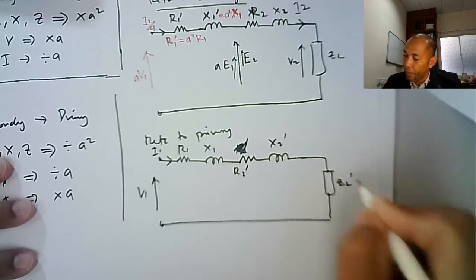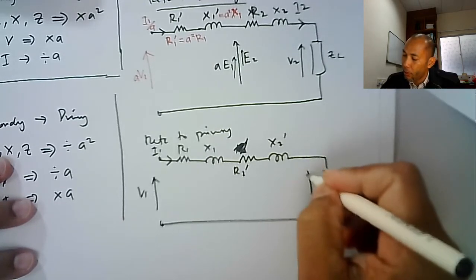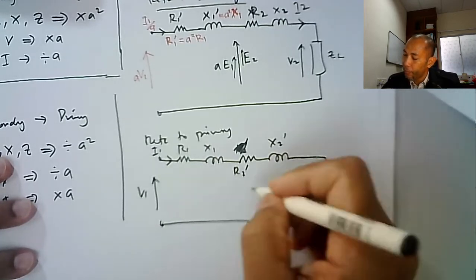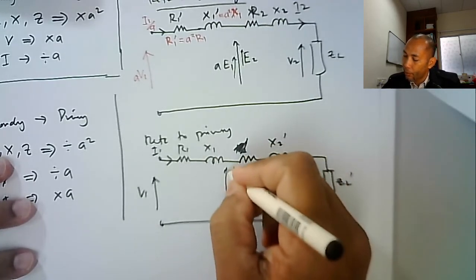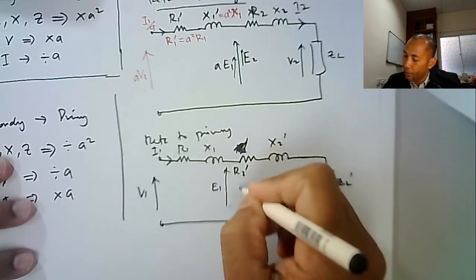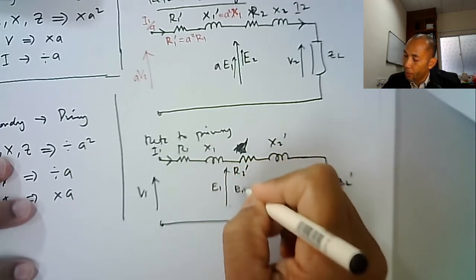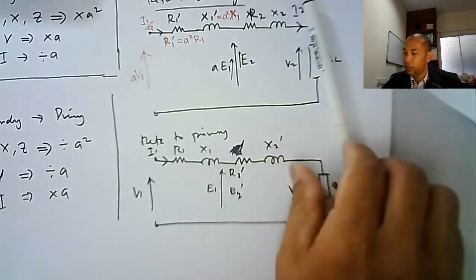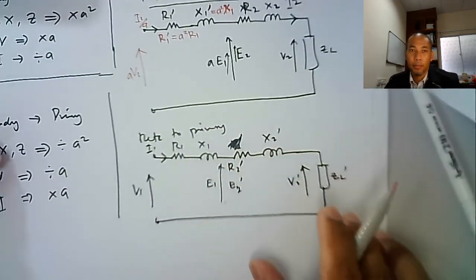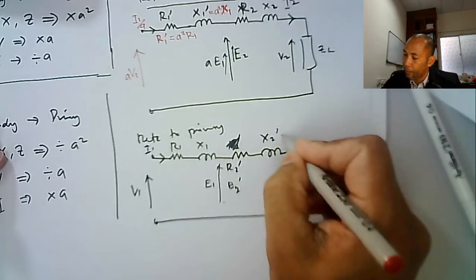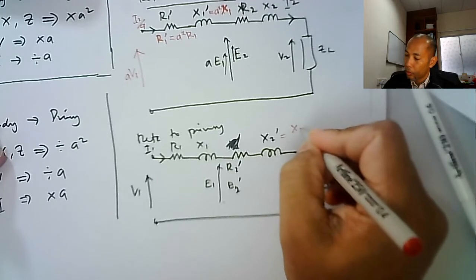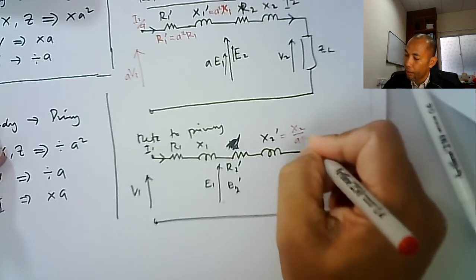So ZL prime, V2 prime, E1, E2 prime. X2 prime is equal to X2 divided by A square.